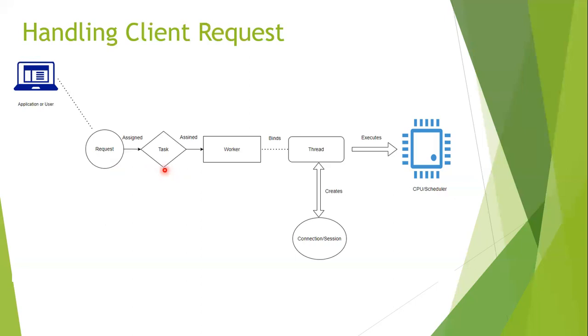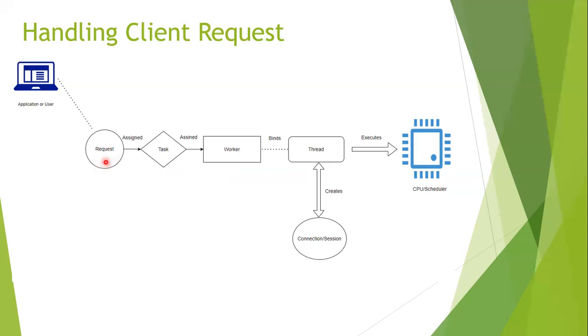As soon as the task is created, it will be assigned to a worker to execute the task. Let's say it is a simple select query, select star from table, or anything. Even opening a login connection has to go through this. So this is the high-level architecture of your query execution.